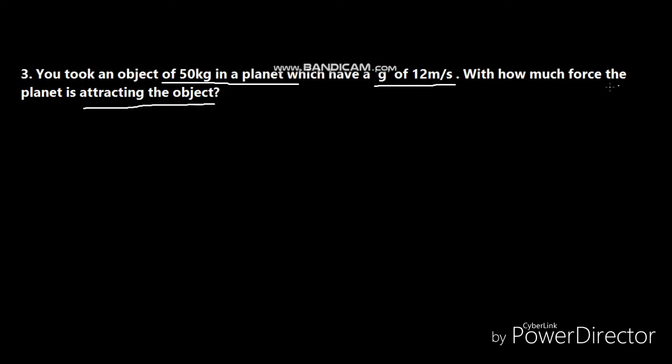So which formula can be used here? If you have understood the basic concepts, you know that the force with which the planet is attracting the object is actually the object's weight.